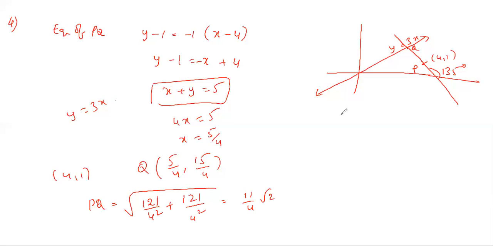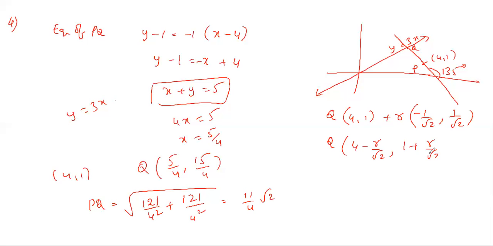What are the parametric points of Q? Directly you can write it. From (4, 1), it is above, so plus distance. Let the distance be r. Cos 135 is minus 1 by root 2, sin 135 is plus 1 by root 2. So Q is (4 minus r by root 2, 1 plus r by root 2).